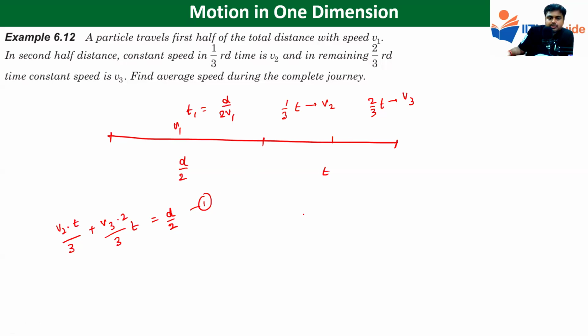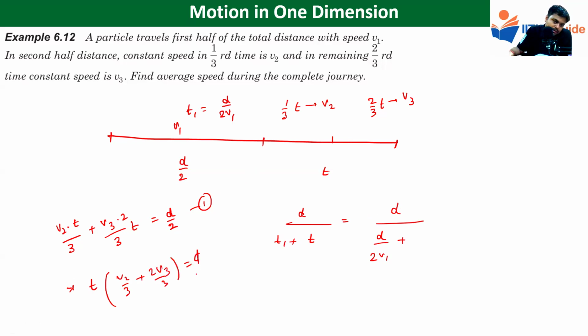Now, average speed is going to be D by T1 plus T, which is equal to D upon D by 2V1 plus T. Now, T is what? T is V2 by 3 plus 2V3 by 3 is equal to D upon 2. So T is 3D upon 2 into V2 plus 2V3.